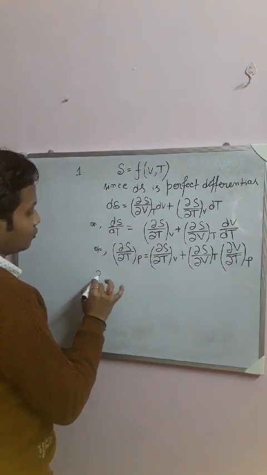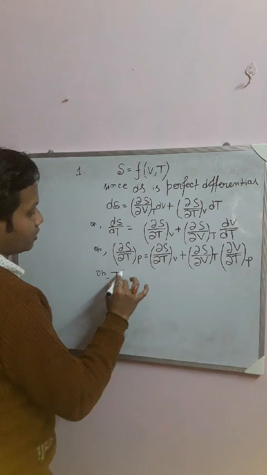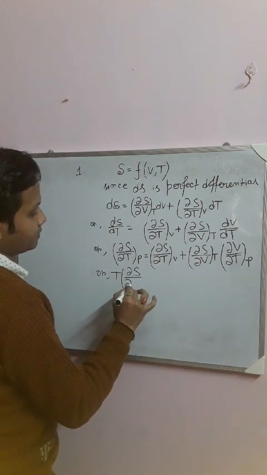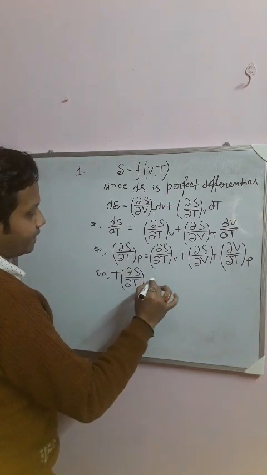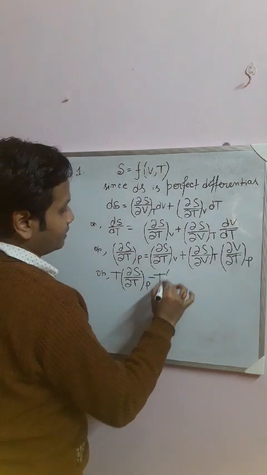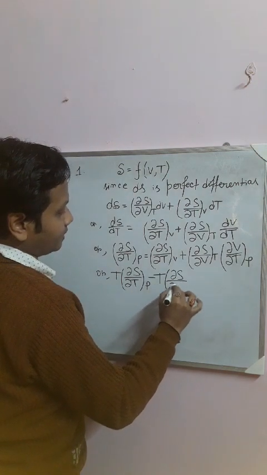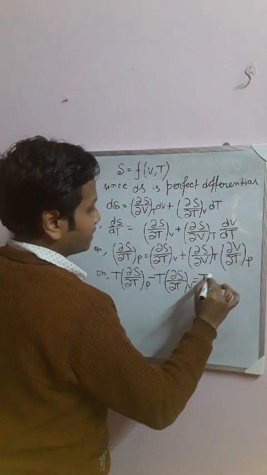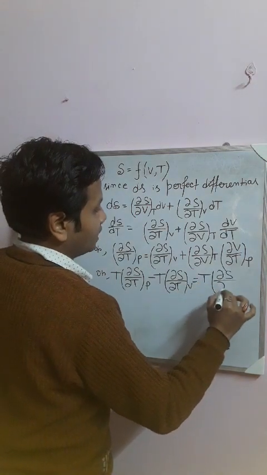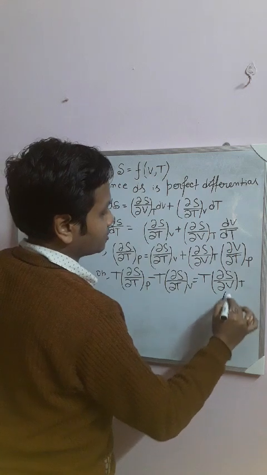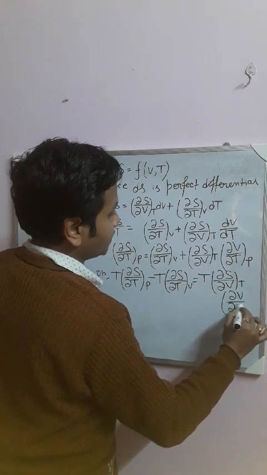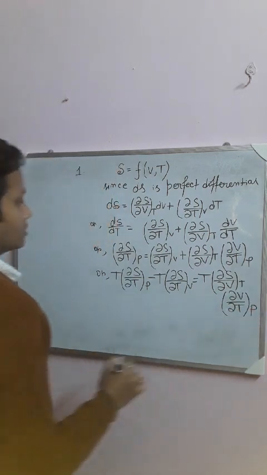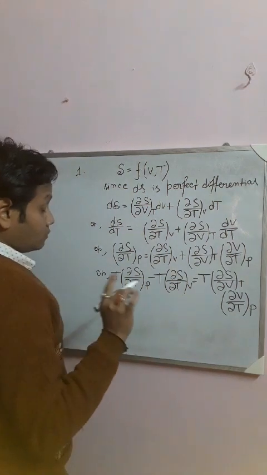So multiply both sides by T. This is T del S del T at constant pressure, and taking T del S del T at constant volume to the left-hand side, this we can write as T into del S del V at constant temperature into del V del T at constant pressure.